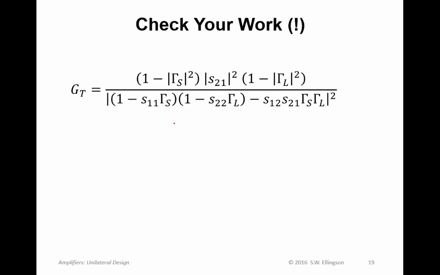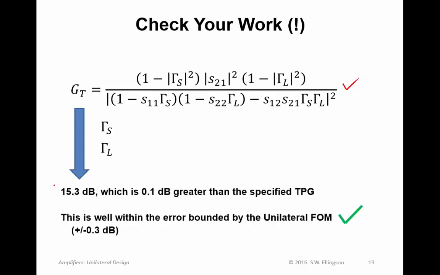I'm going to check my work. Here is the general TPG expression, the most general one I have available, making no assumptions. I've substituted these values of gamma S and gamma L that I've gotten through the unilateral gain procedure. This gives me 15.3 dB. That's not 15.2 dB. That's 0.1 dB greater than what was specified.